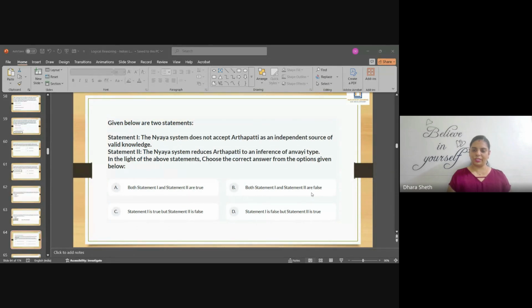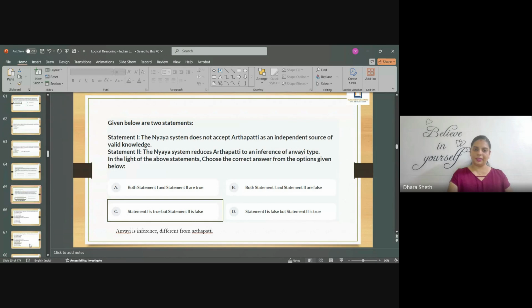One is true, two is false. Okay. See, Nyaya system does not accept arthapti and anuplabdhi as valid answers. Where did it go? Let's see that again. First of all, here the answer is C.